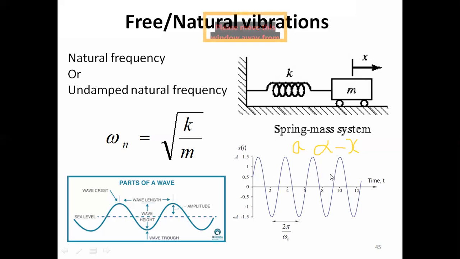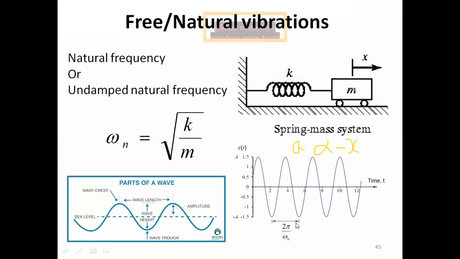So this is the time response of the system, showing what is happening to the displacement with respect to time. This is the maximum displacement, which is known as amplitude, and the time taken to complete one cycle is the time period.